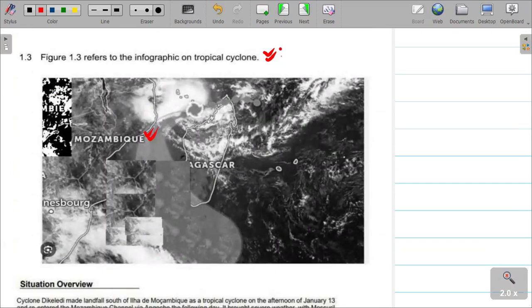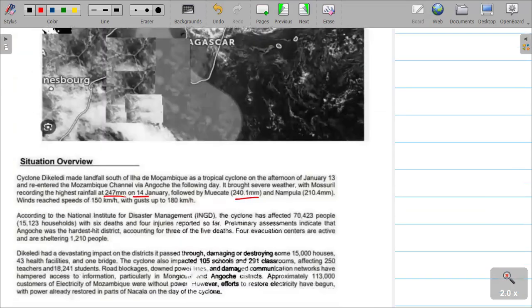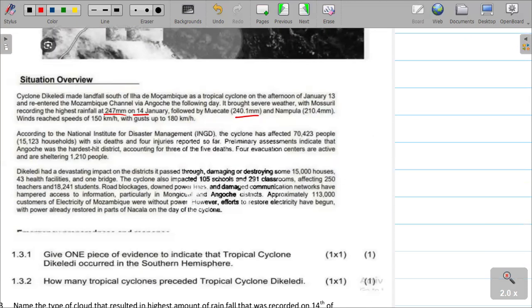Mozambique is within the southern hemisphere. It is the presence of the Mozambique Channel. We can also talk about the date. The date also identifies that this is the month of January, which again identifies it is in the southern hemisphere. So the answer is we can talk about Mozambique.